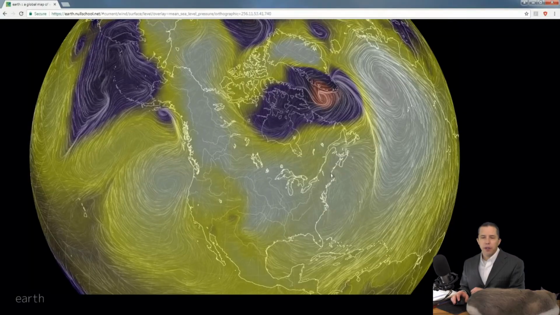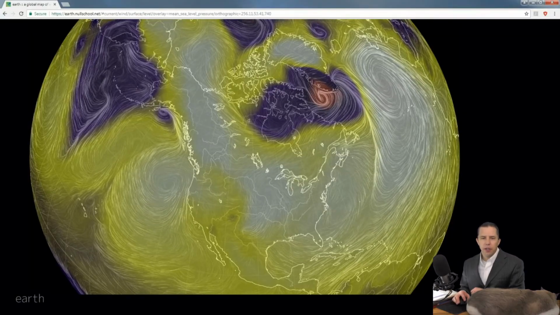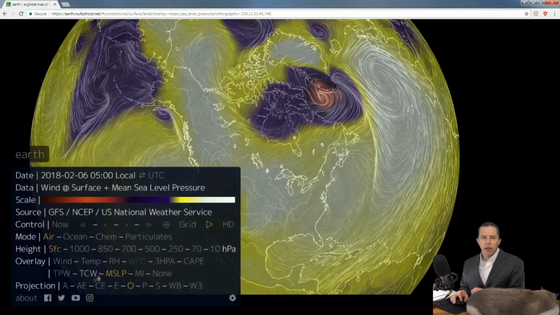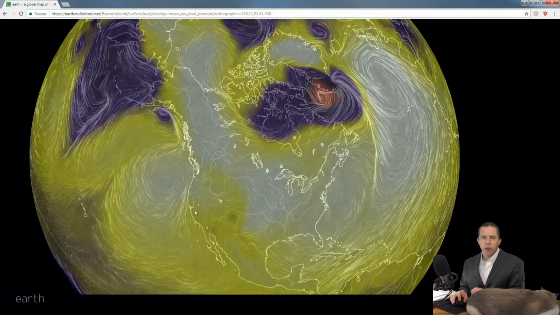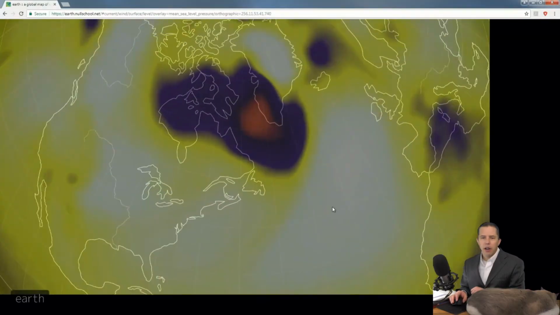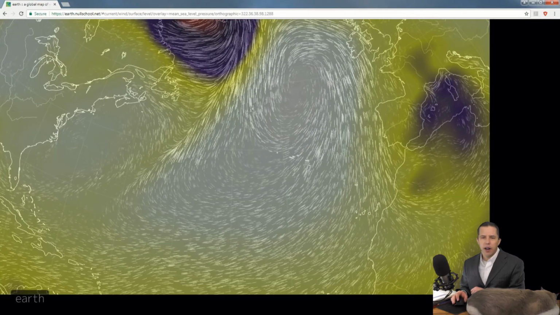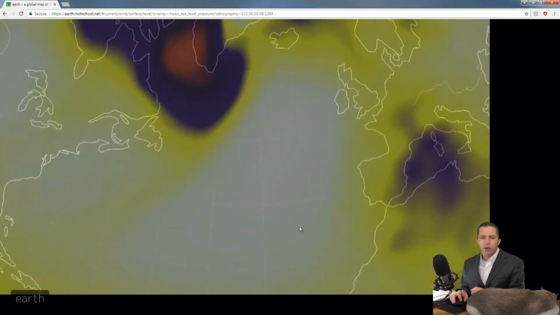Okay, so now we're going to return to earth.nullschool.net, and I'm looking again at mean sea level pressure. I did that by clicking Earth and MSLP. So the purple is low pressure, the white is high pressure, and I'm going to zoom in on this spot out in the ocean. That's a high, and I want you to notice what the winds are doing.